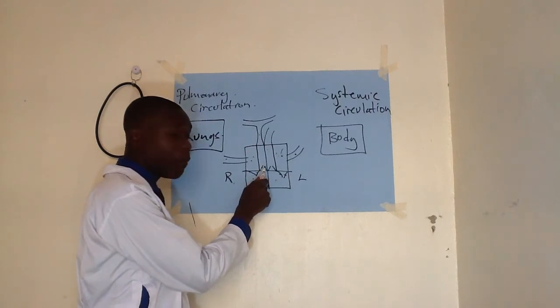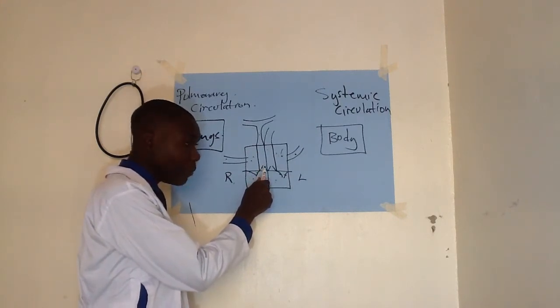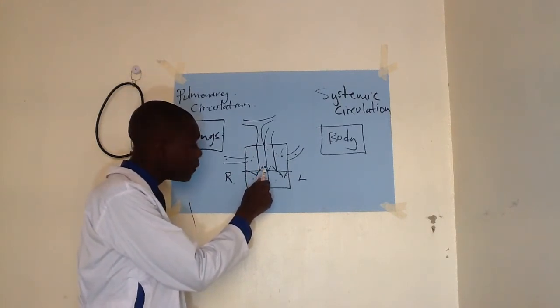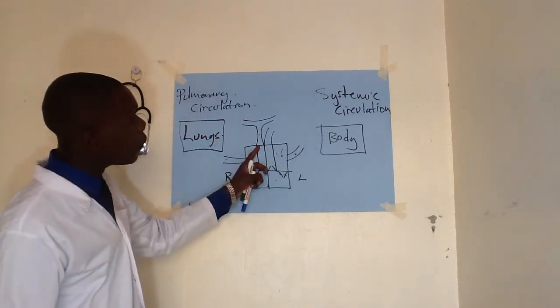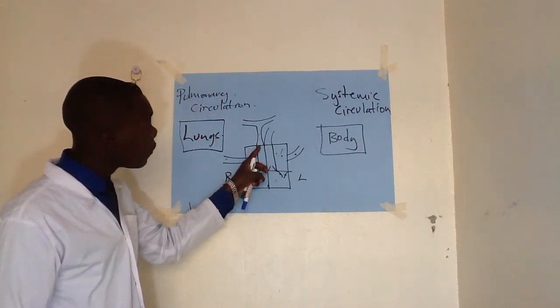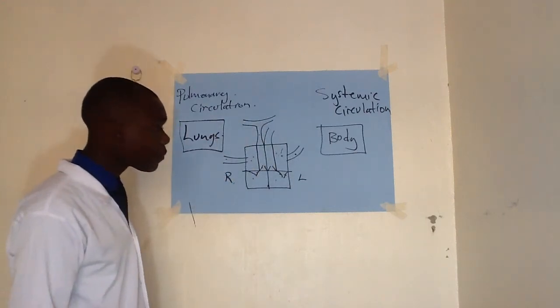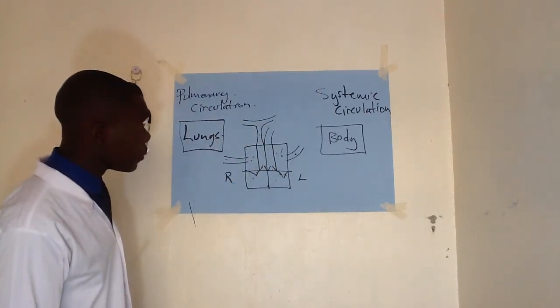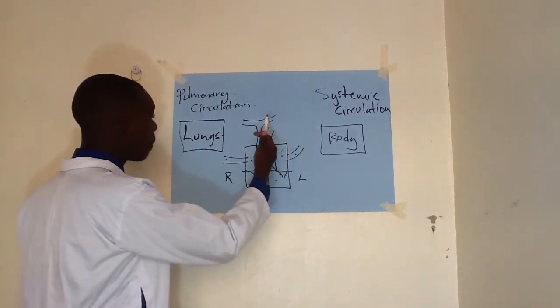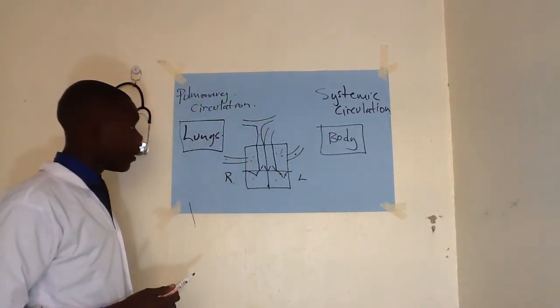We have our pulmonary semilunar valves. Then we have our pulmonary artery, which divides into 2, going to either side of the lungs. So the 2 lungs. Now, we are going to start with the pulmonary circulation.